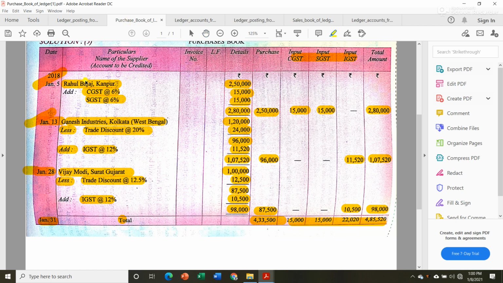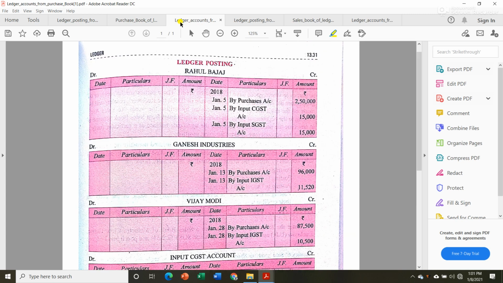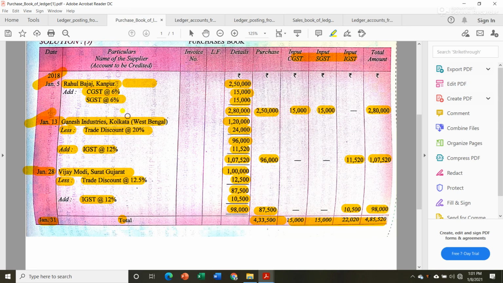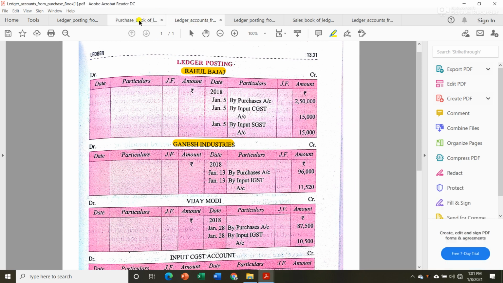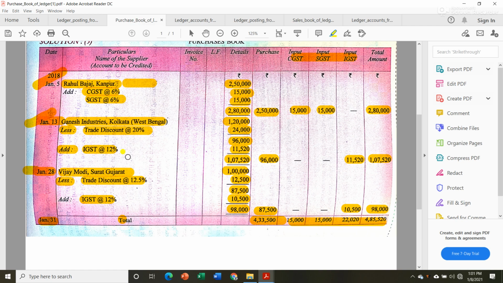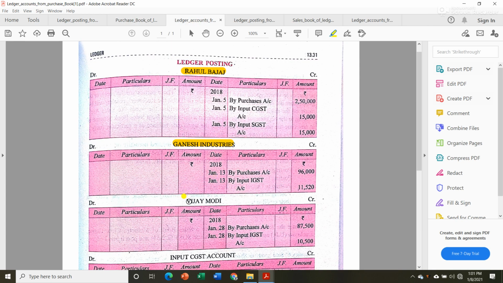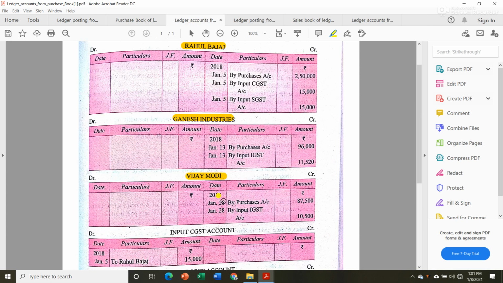Then you see, the first party was our Rahul Bajaj, so our first ledger account will be Rahul Bajaj account. Then the next party was Ganesh Industries, so our next ledger account will be Ganesh Industries. Then the third party was Vijay Modi, so we will write Vijay Modi account in our third ledger.